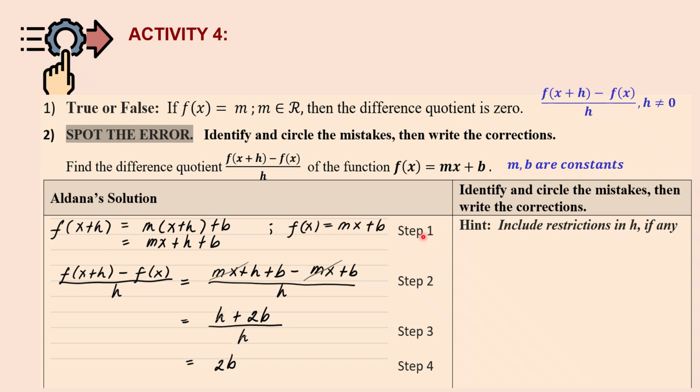This is step 1, and this is step 2 of Aldana, and step 3 is she simplified the numerator into this, and step 4 is equal to that. She simplified this fraction into equal to 2b. Here you have to answer which is the mistake in this step. The mistakes can be one step or two steps or more. So you can answer this question.